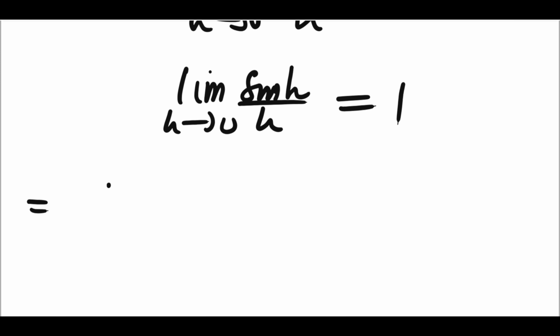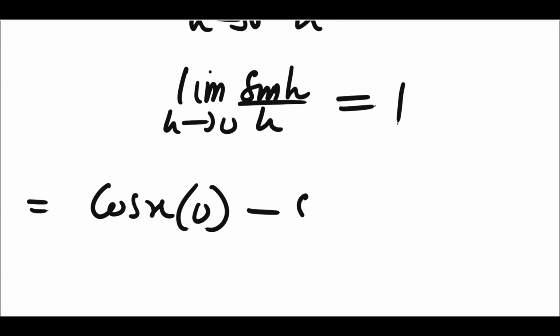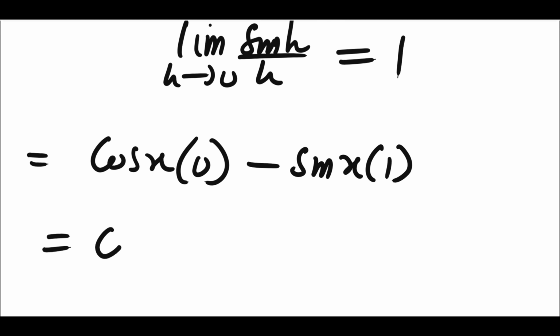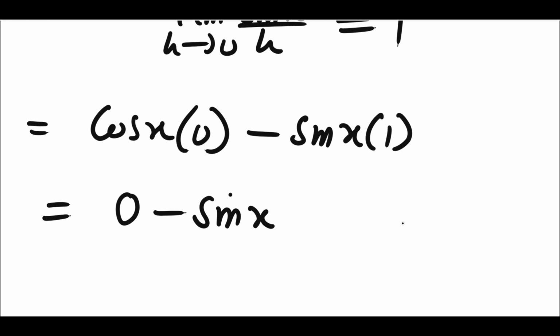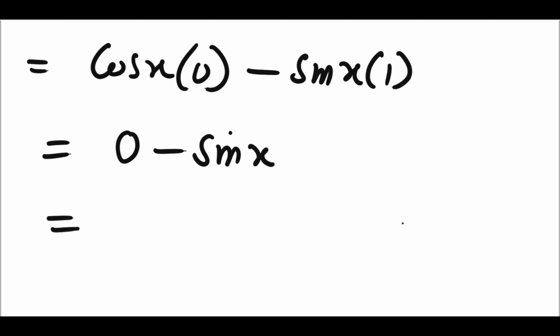So we are going to get cos x multiplying 0 minus sin x multiplying 1. cos x times 0 gives us 0, minus sin x, because sin x times 1 gives us sin x. So this becomes negative sin x.